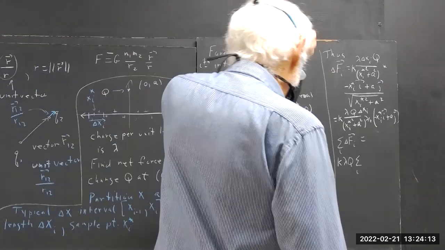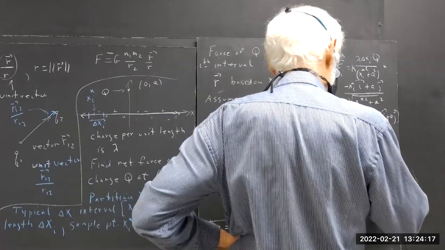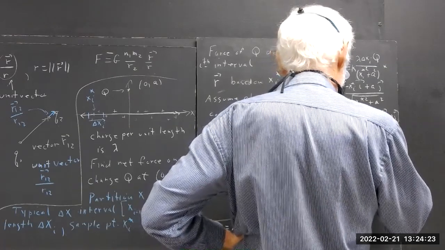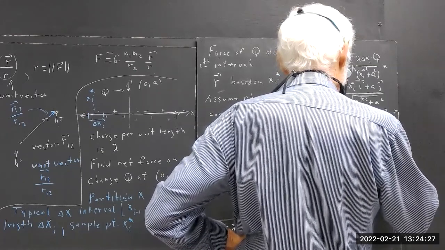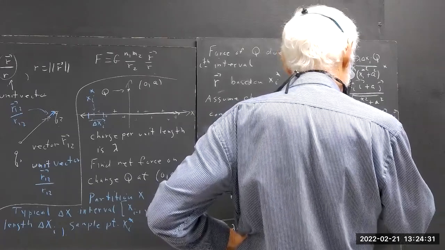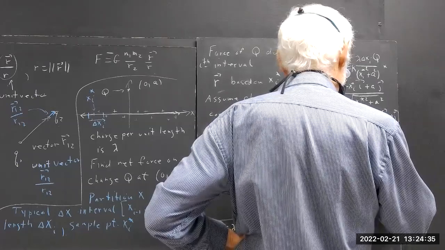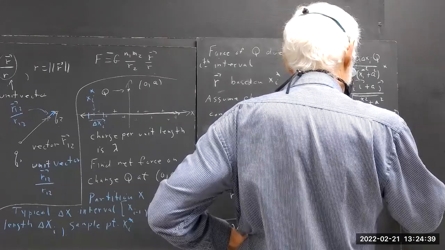So we sum over I of xi star I plus a over xi star squared plus a squared to the 3 halves times delta xi.